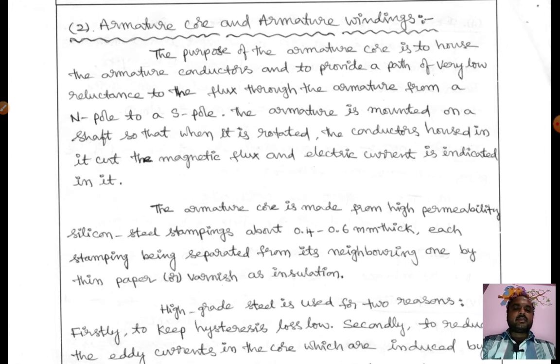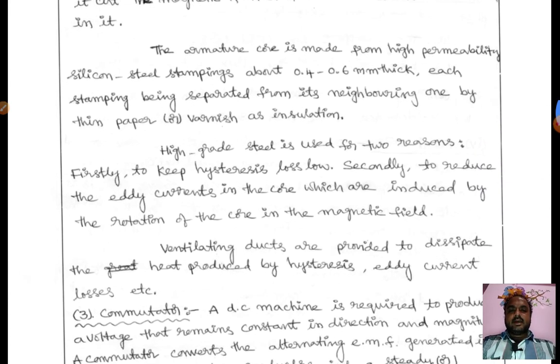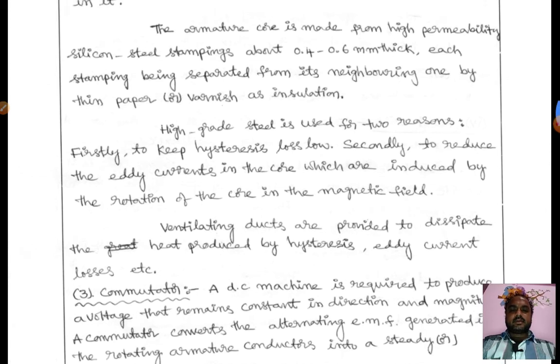The armature is mounted on a shaft so that when it is rotated, the armature conductors housed in it cut the magnetic flux, and electric current is induced in it, right? So this is about the armature core.